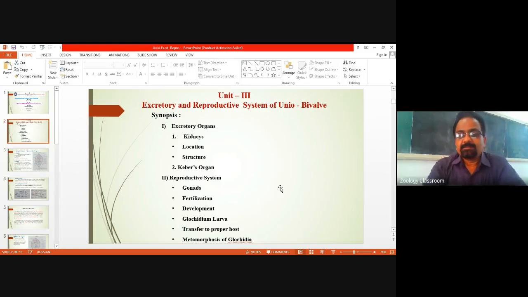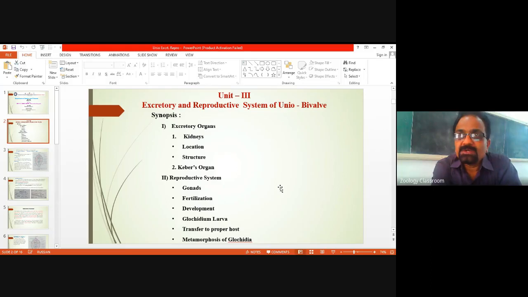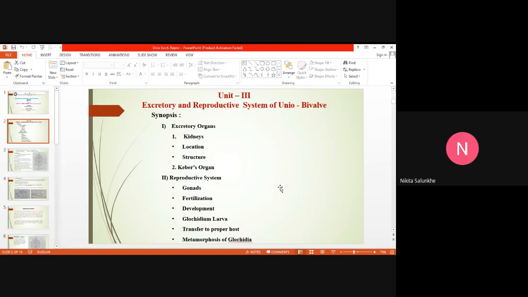These cilia play an important role in creating the water current. Because of the beating of these cilia, a water current is created which drives the water from the inhalant siphon into the mantle cavity.